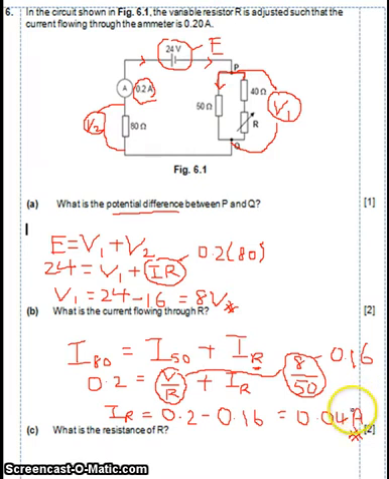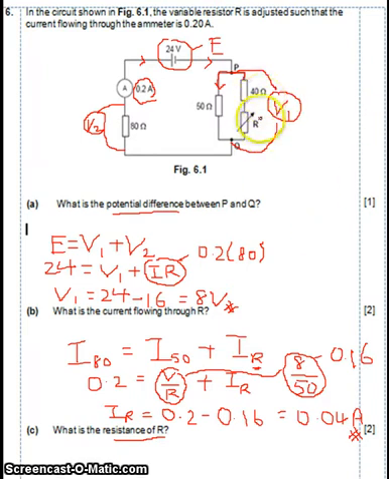Okay, so right now we know what's the current flowing through R, and the last part asks for the resistance of R. Now the resistance of R can be determined. Let's just take a look. Let's consider the whole branch over here.